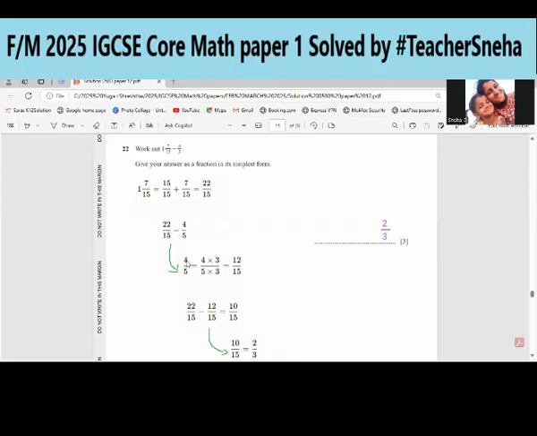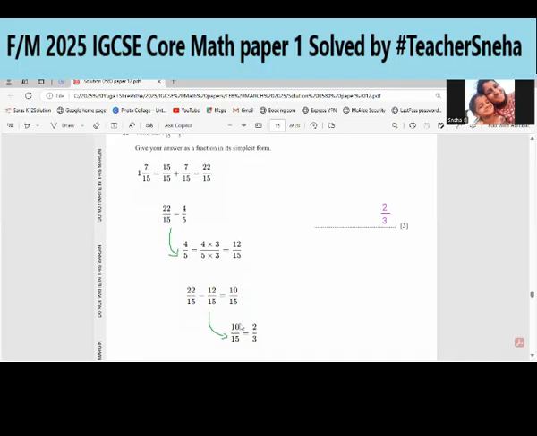Now we have to make the denominators equal. To make the denominator 5 into 15, we multiply by 3. So 4 upon 5 multiplied by 3 on numerator and denominator gives us 12 upon 15. So 22 upon 15 minus 12 upon 15 gives 10 upon 15, and the simplified fraction is 2 upon 3. So the final answer for this question is 2 upon 3.